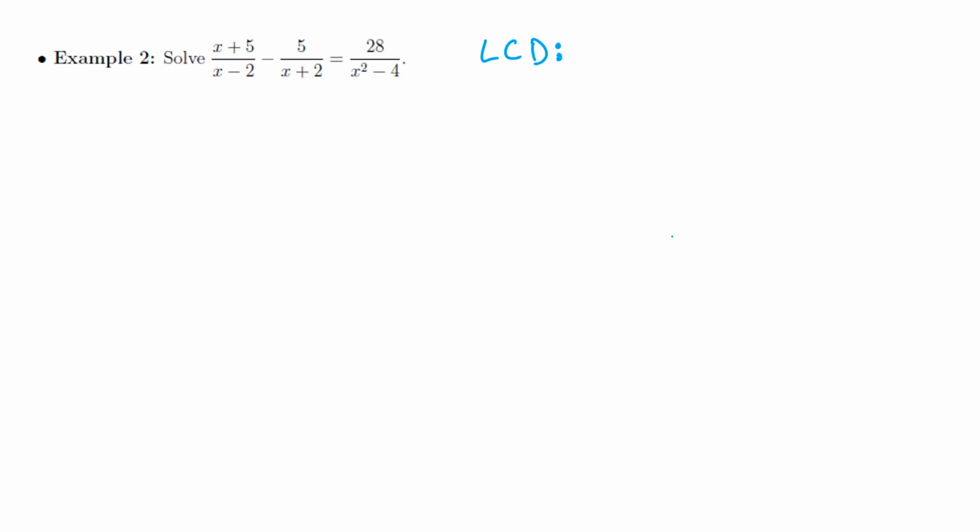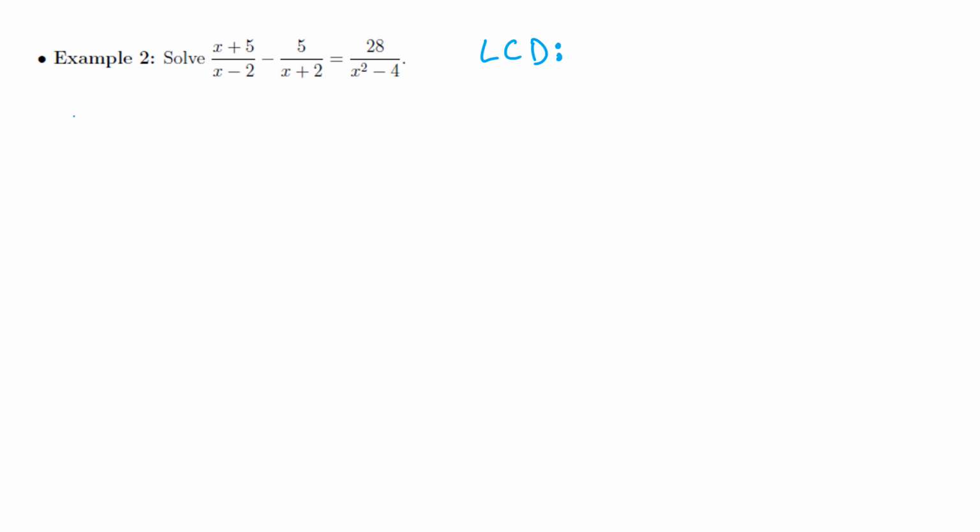Now, in order to be able to see whether that might be the case here, it's important that we always factor every denominator if it isn't already. We need to do that before we decide what we think that least common denominator actually ought to be.